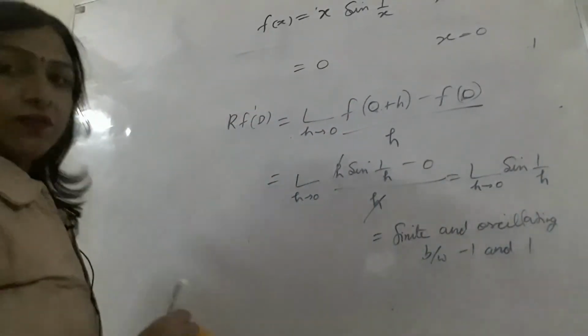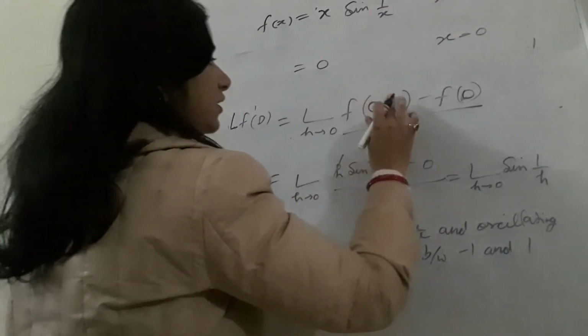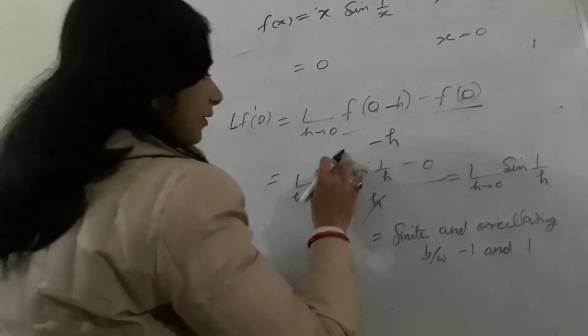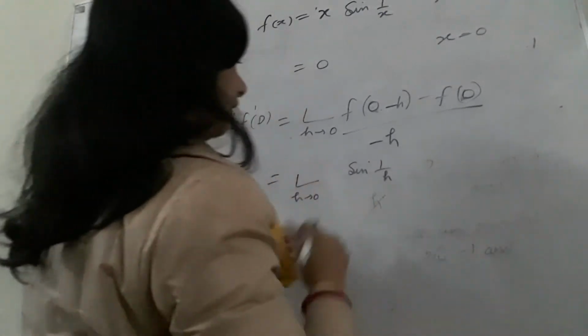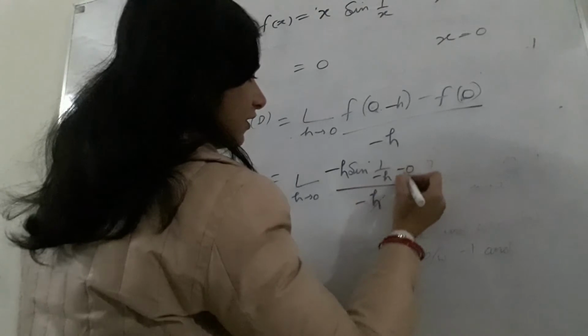Similarly, we will find the left hand derivative, that is Lf dash 0 is equal to f of 0 minus h minus f of 0 upon minus h. So it will become equal to minus h sine 1 upon minus h minus 0.